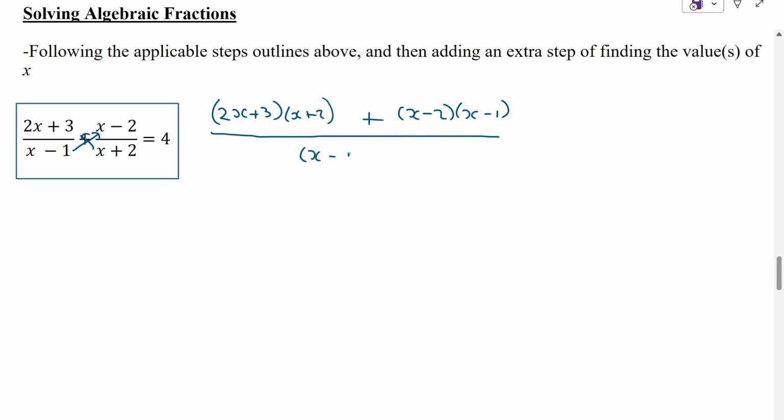All over x minus 1, x plus 2. This equals 4, which will stay the same because we are working with equivalent fractions. So let's go ahead and multiply out and simplify.